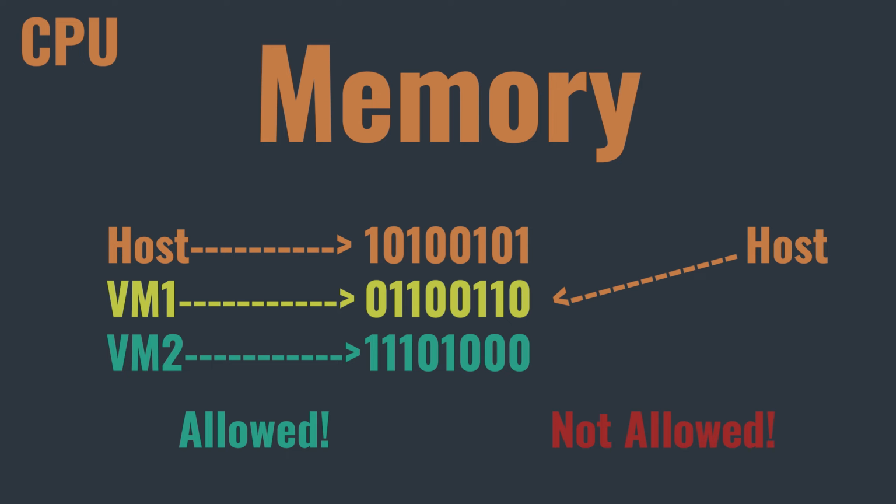But now, if you do that, the VM will get an error that tells it, hey, somebody's messing with your memory. So now the VM will be able to know if its memory is being messed with or if it's just normal memory.